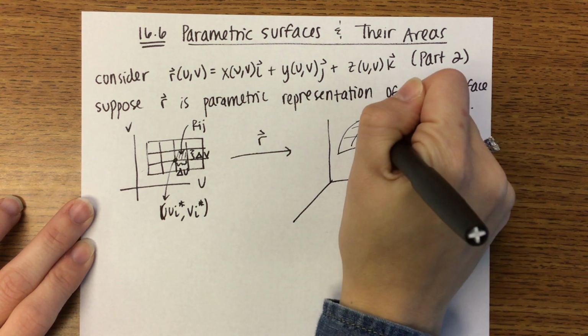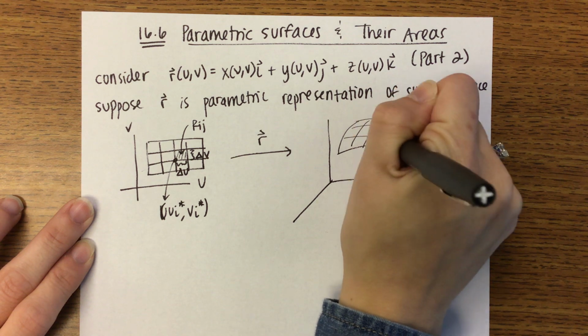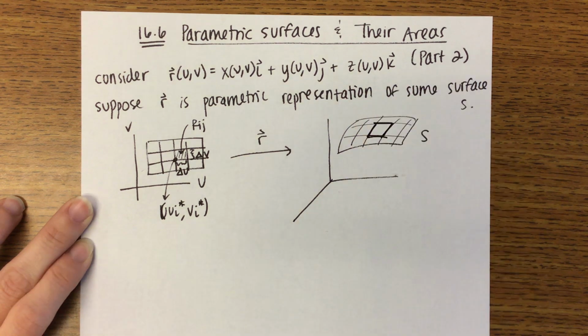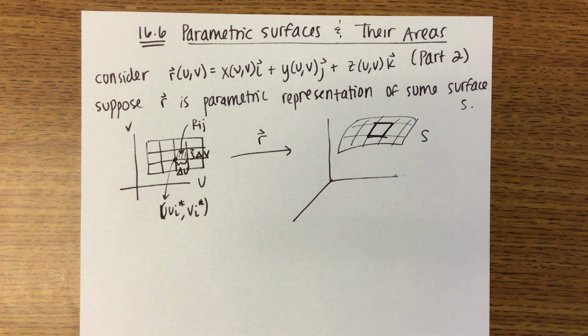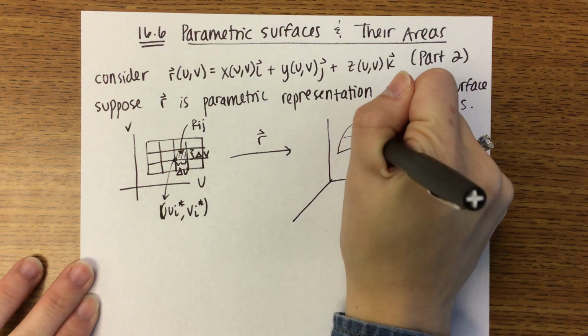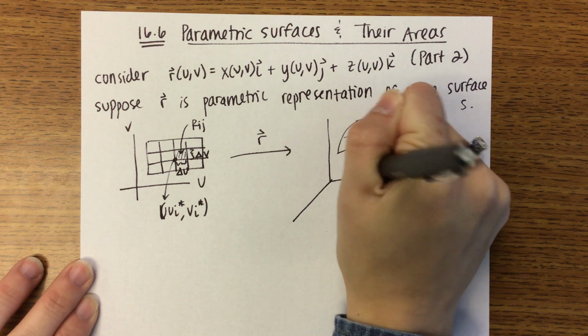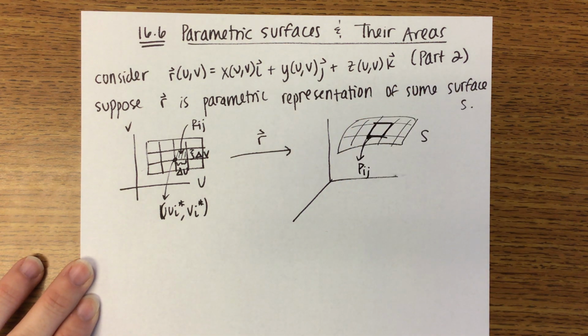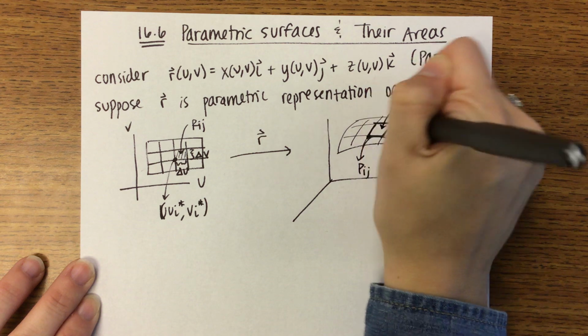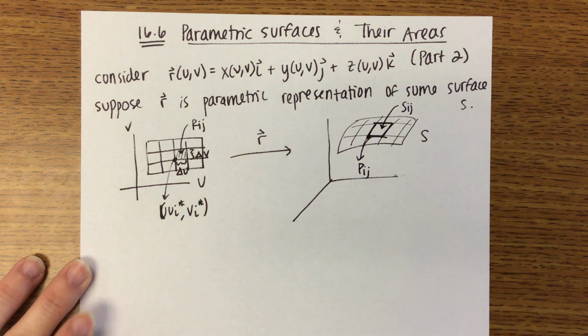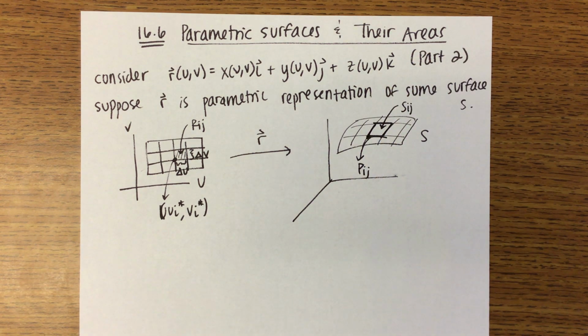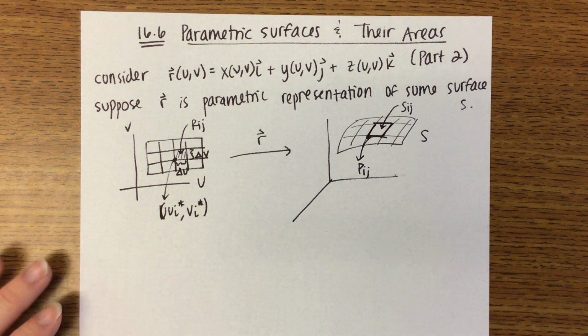We're going to find the corresponding rectangle, the same one that corresponds to the one on the left that I picked. Again, we're going to choose the same point. This time I'm going to call it P_ij, and the little piece itself is going to be S_ij. So those are labels that we need to figure out surface area.